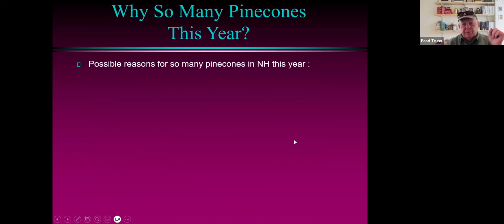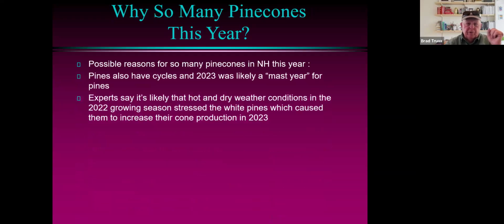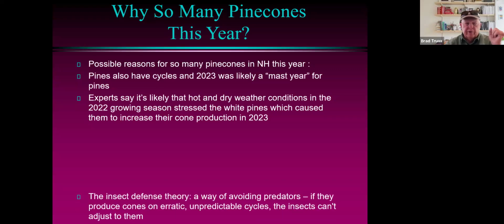Several possible reasons have been noted for the pine cones in New Hampshire this year. One is that it's likely that 2023 was a mast year for the pine cones, but some ecological experts also say that the hot and dry weather conditions that occurred in 2022 stressed the white pines and caused them to increase their pine cone production in 2023.